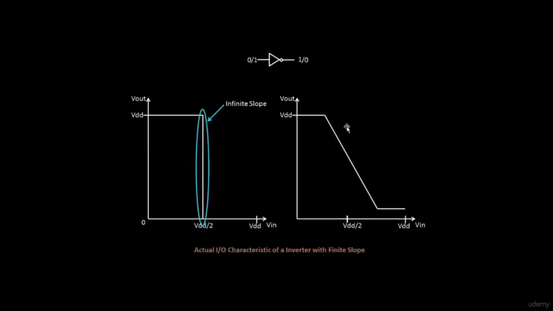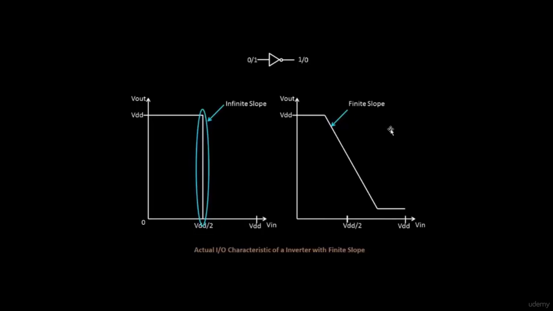Now if you calculate the slope at this point, it's a finite slope. Why is it finite? Again, the slope is the change in the output voltage, from VDD to some voltage which is more than zero, divided by the change in the input voltage. It lies somewhere over here, let's say VDD by 4, or let's say 1/4 of VDD minus 3/4 of VDD.